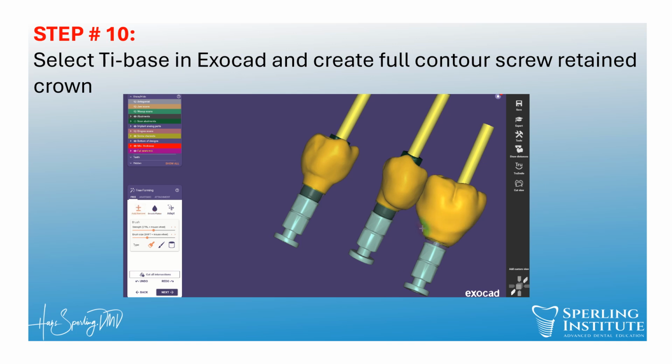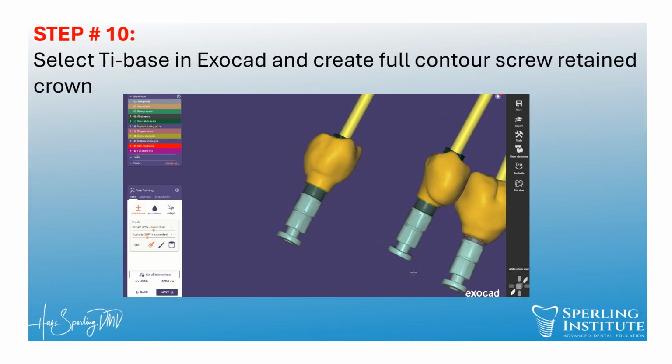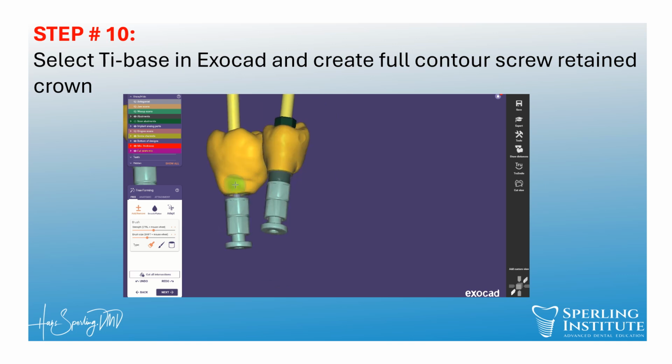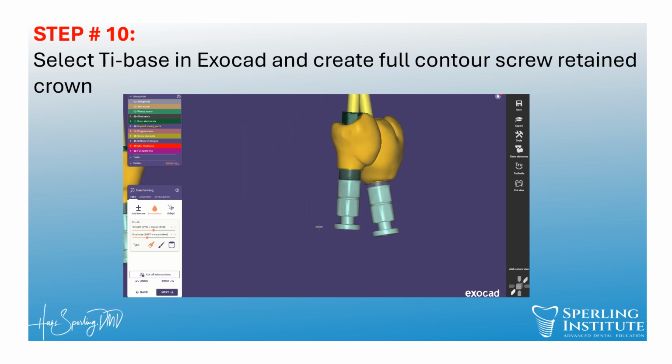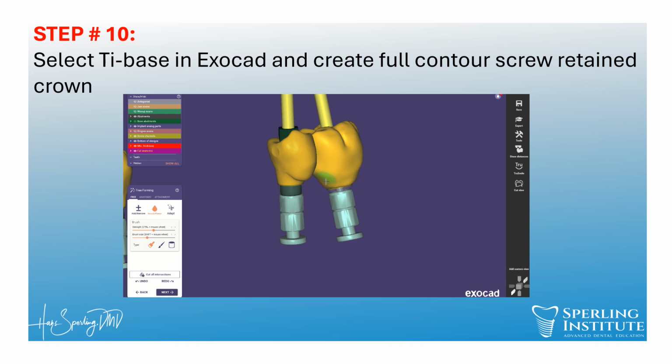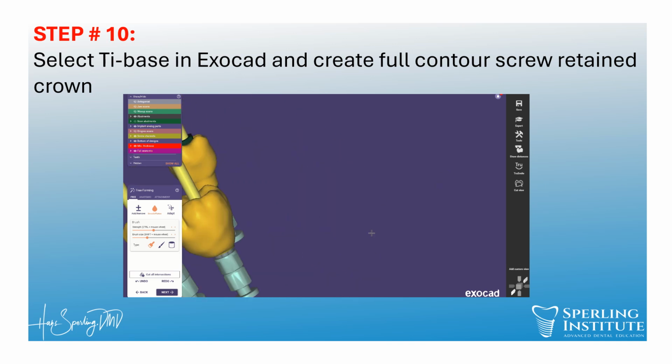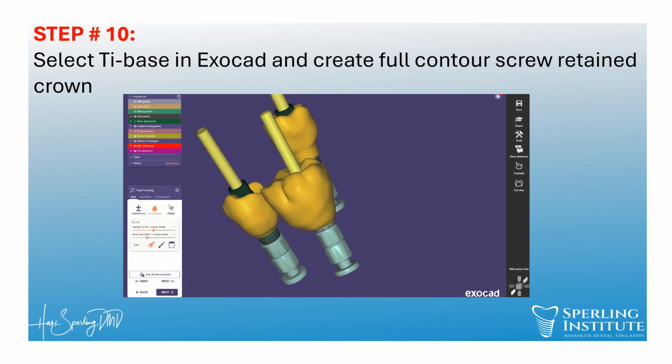Now we use our add and smooth tool to give us a smoother transitioning profile here. So we add and we smooth. And again, this is the same thing that I would be doing whether these are temporary crowns or my healing abutments, or my permanent crowns.